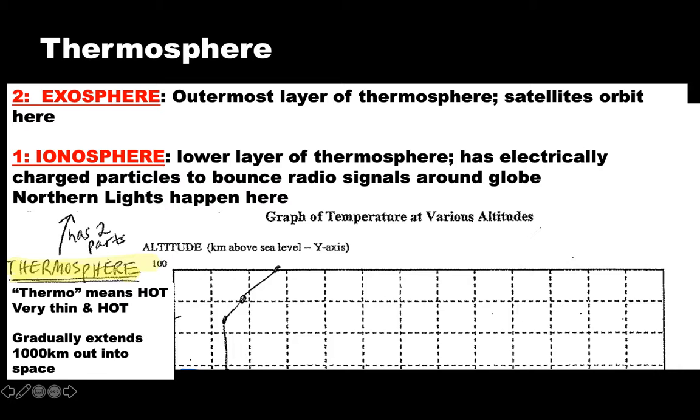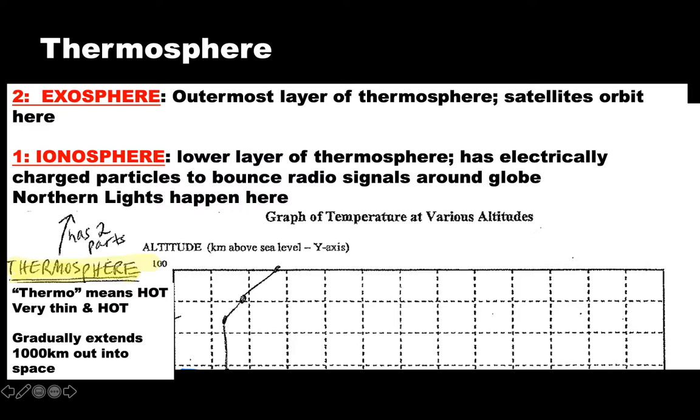And gradually, this area is going to bleed out into what we call space. And our designation for space is the 1,000-kilometer mark. So in reality, you would actually have to stack 9 of these graphs on top of each other to get to space. Because the thermosphere is so large, it actually behaves differently depending upon where you are.